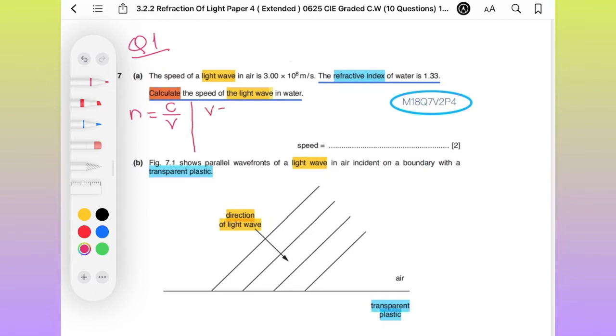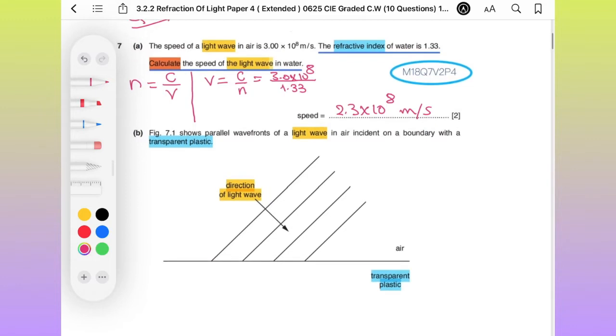So V, which is unknown, is equal to C over n. So 3 times 10 to the power of 8 divided by 1.33. So the answer is 2.3 times 10 to the power of 8 meters per second. Don't forget to write down the correct unit, and units should be consistent.